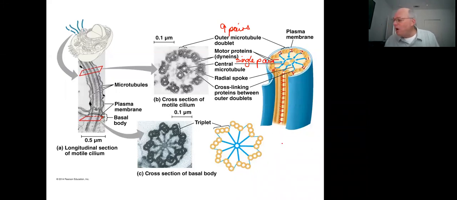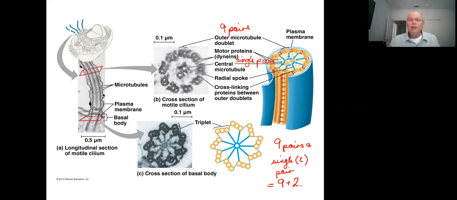And that's where the 9 plus 2 comes from. 9 pairs plus single. So that's where the 9 plus 2 structure comes from.